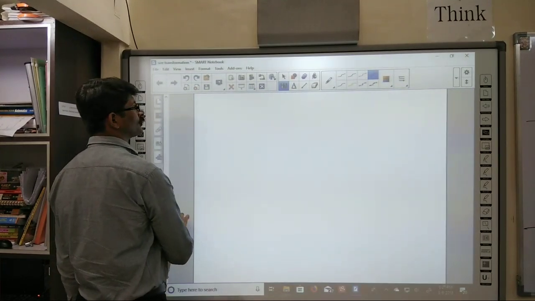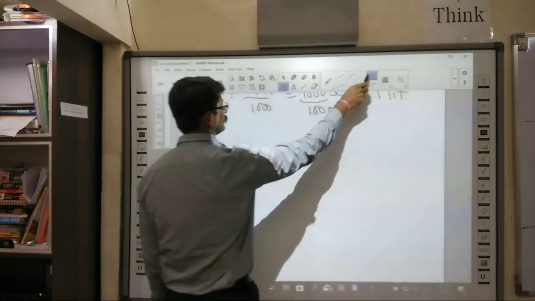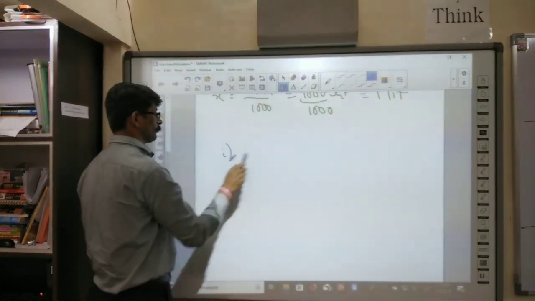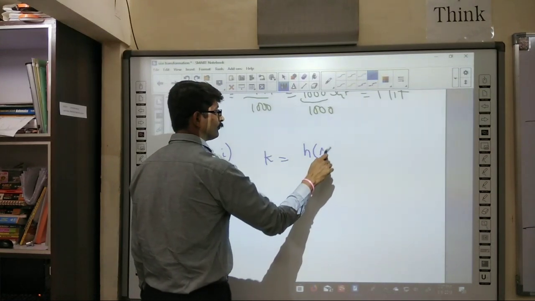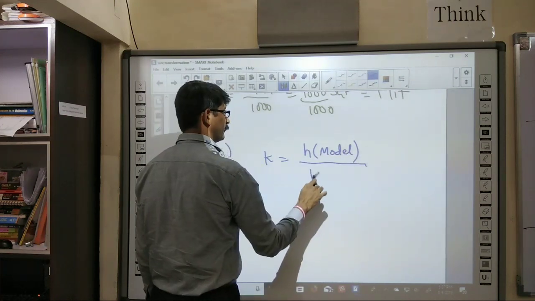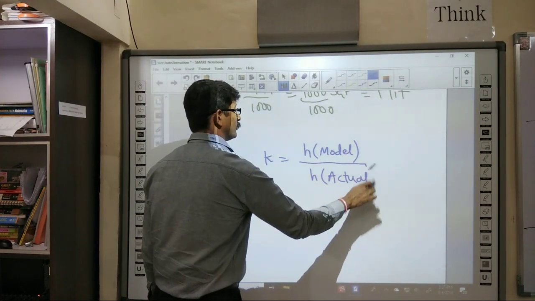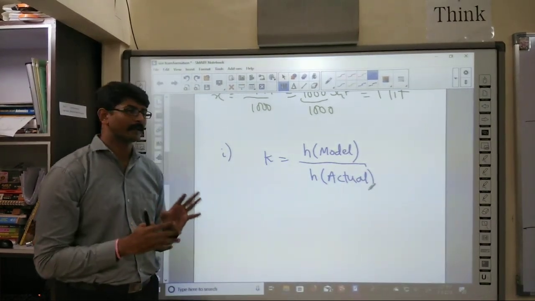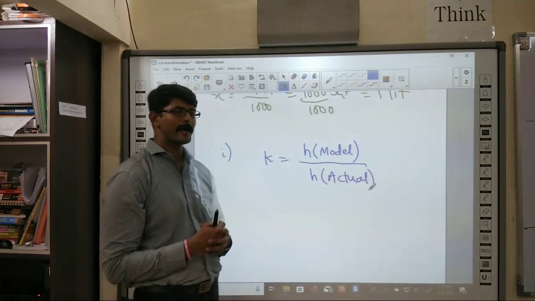So I'll show you the first part of the sum. K is equal to height of model upon height actual, isn't it? Write the correct formula: K is equal to height of model upon height actual.